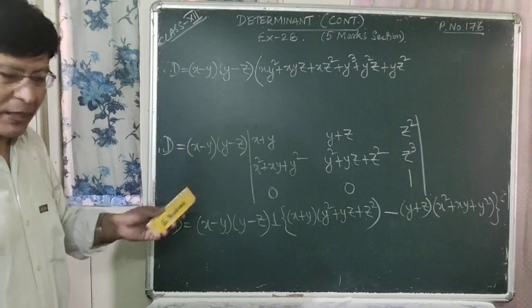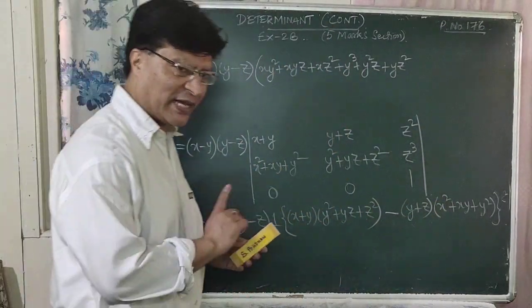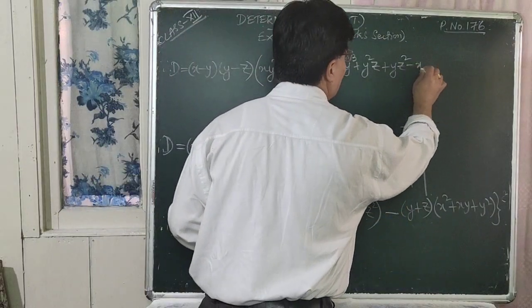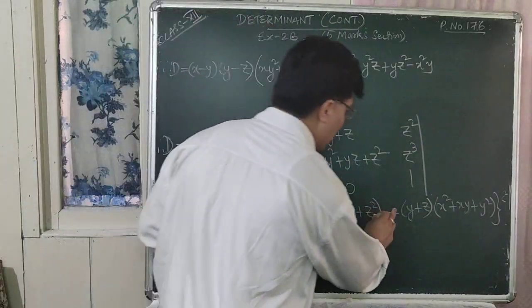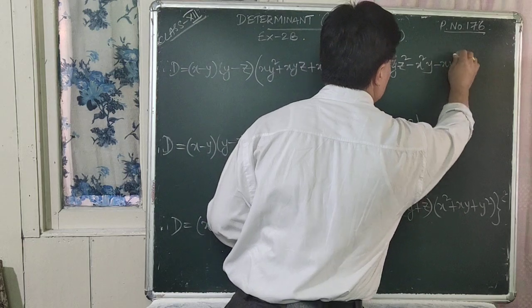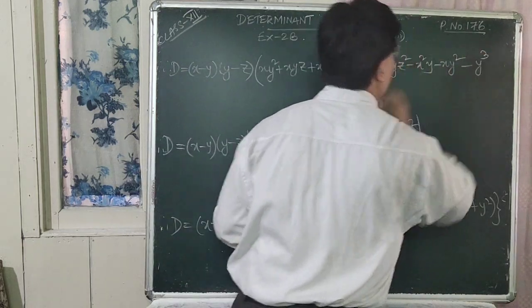Is that clear? Now multiply these two factors now, but there is minus sign also. You have to change all the signs because of this minus. So minus y into x square: minus x square y, minus xy square, minus y cube.